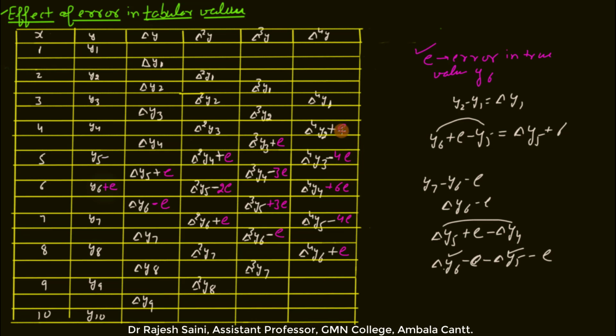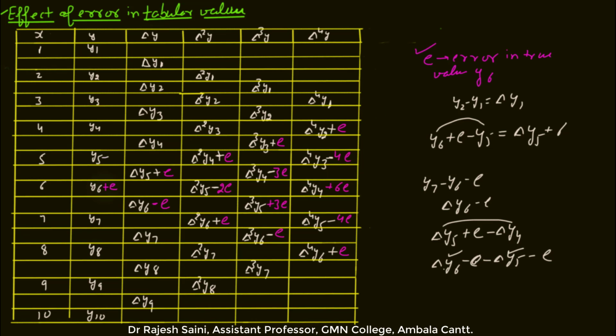Now see, there is error now in the fourth column, fourth order difference. There is error in 5 terms, and here was error in 4 terms, here was error in 3 terms, here was error in 2 terms. So error is propagating with every next column. So how it is propagating?